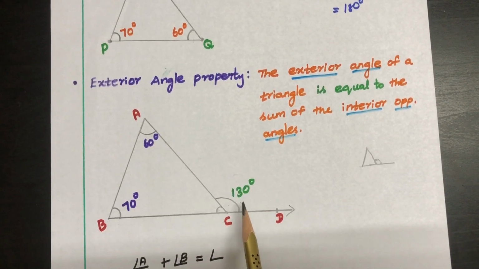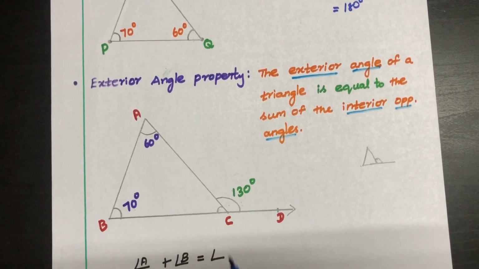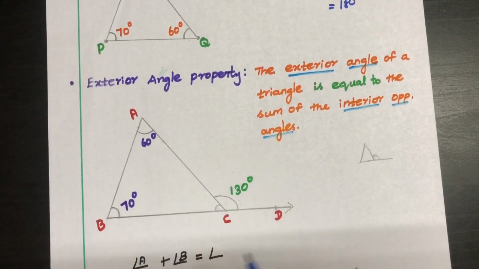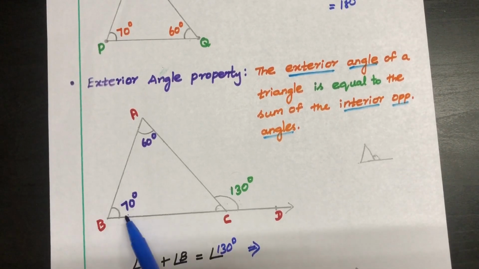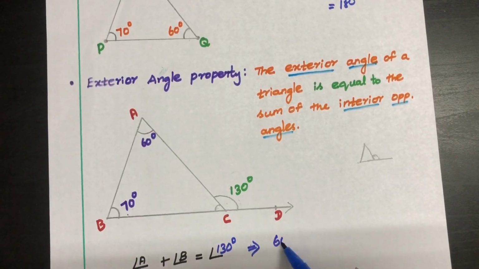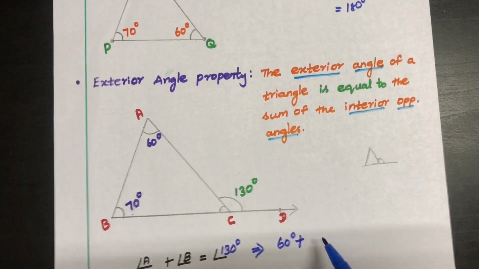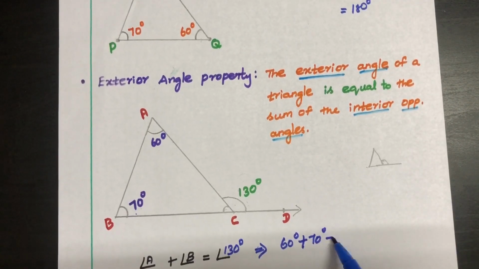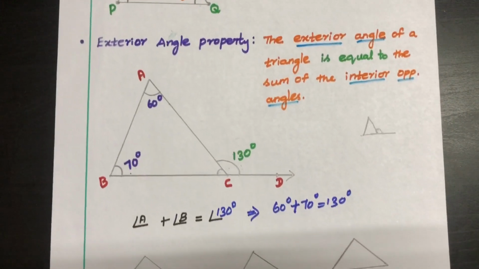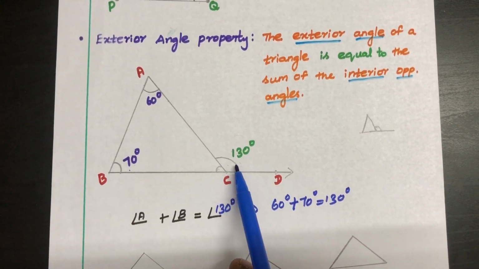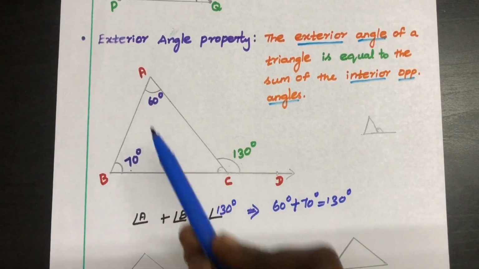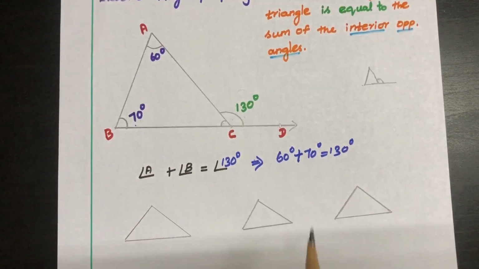This 130 degrees is equal to 70 degrees plus 60 degrees. That means this gives us what is A and what is B. A is 60 degrees and B is 70 degrees. This is equal to 130 degrees. This is the main concept. Always have it in mind. The exterior angle is equal to the sum of the interior opposite angles.